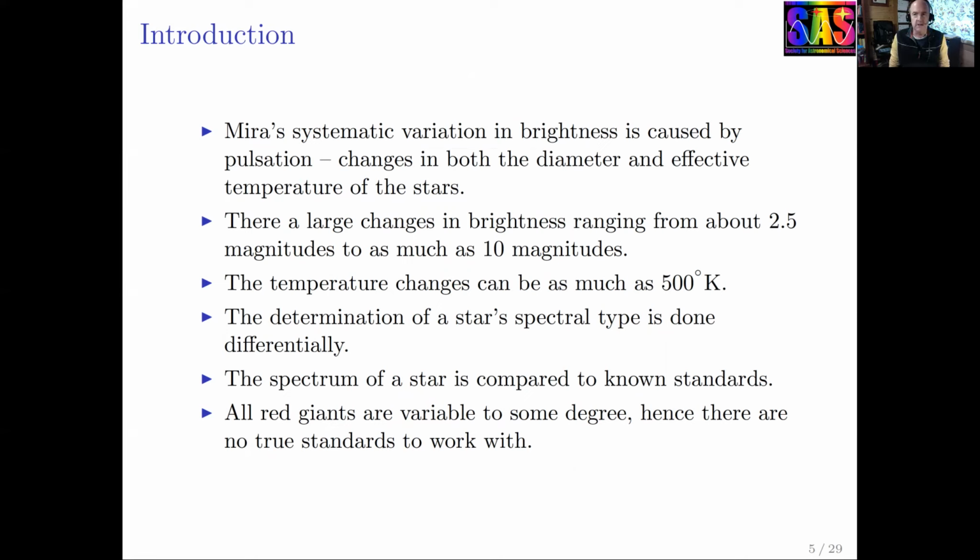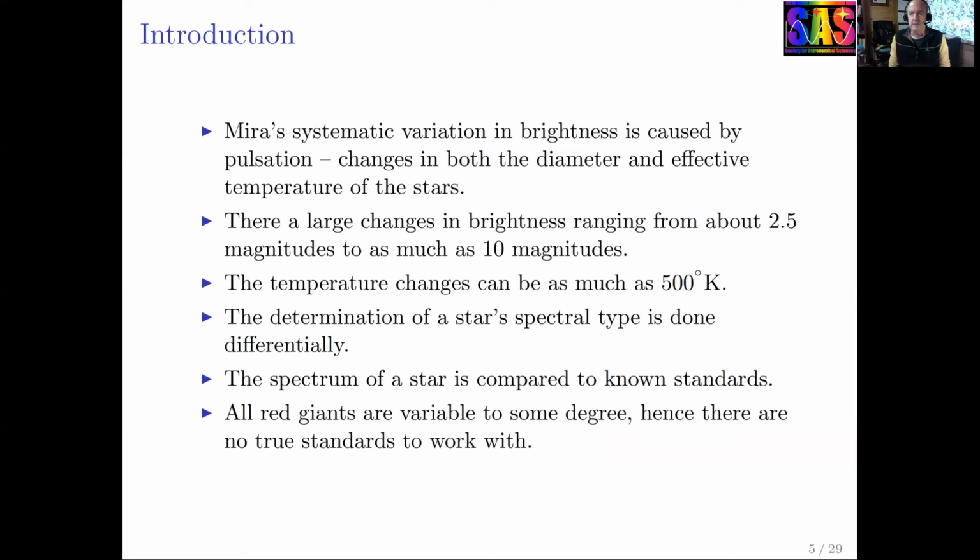So these are very large changes in the brightness of the star. In terms of temperature changes, they can have changes up to 500 degrees Kelvin. And it is these large changes which allow us to use low resolution spectroscopy to do useful science on them.